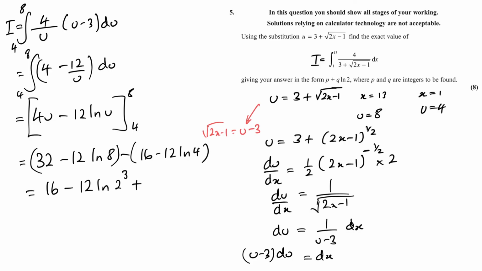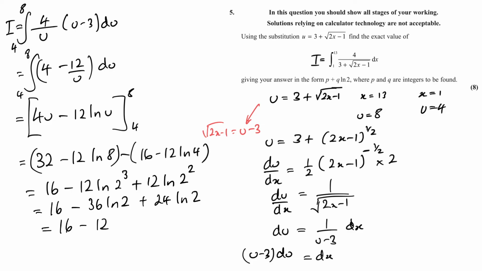This is going to be plus, because it's minus and a minus, and we get 12 ln 2 squared. So 16 minus 36 ln 2 plus 24 ln 2, which is 16 minus 12 ln 2. And this is now in the form we wanted.